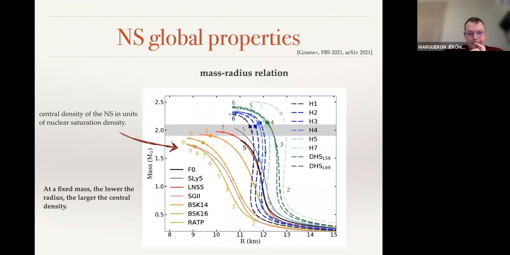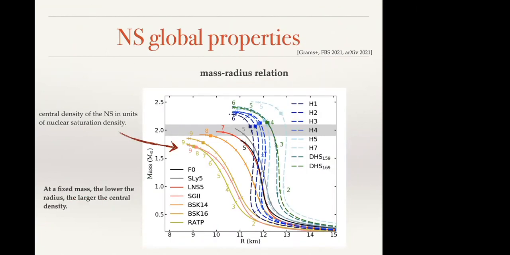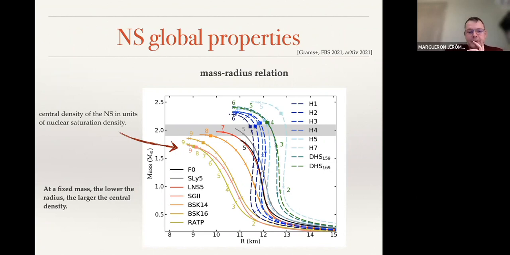So this one? Yeah. Okay, so this is going a little bit beyond the scope of the study, which addressed the crust properties.